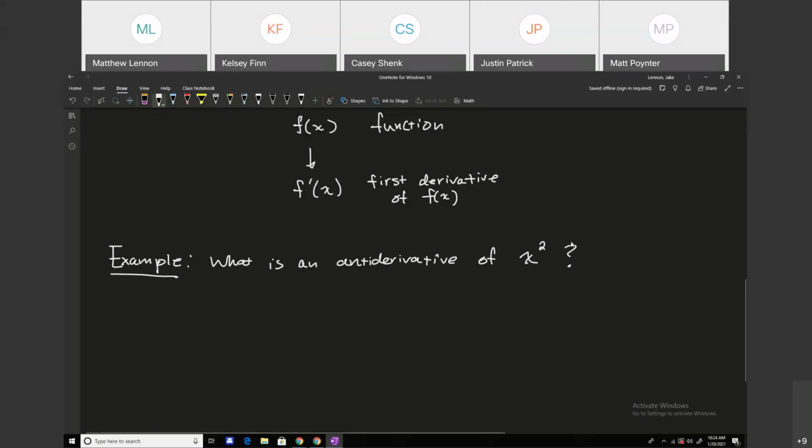Now keep in mind, the derivative of x squared would be 2x. We're not trying to think of the derivative. We're trying to think of some function such that when you take the derivative, you are left with x squared, if that makes sense.